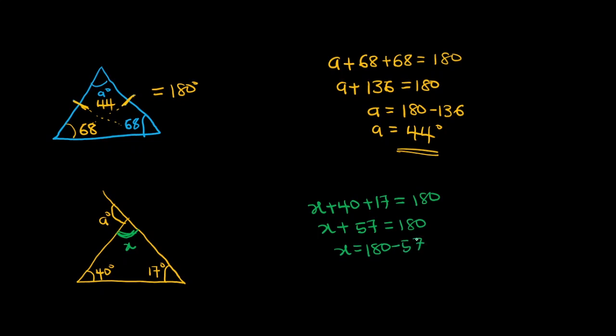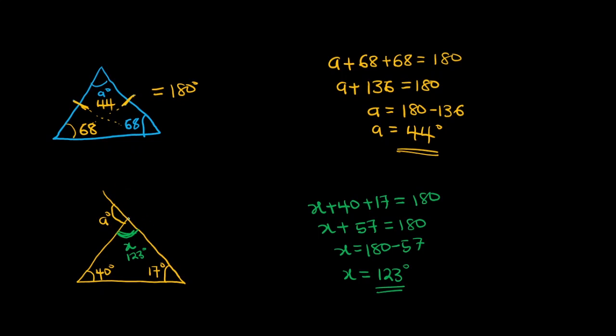So 180 minus 57 is going to give me 123 degrees as my answer for X over here. So my angle over here is 123 degrees. Now remember, the question is saying we should find A, not the X that we found ourselves.